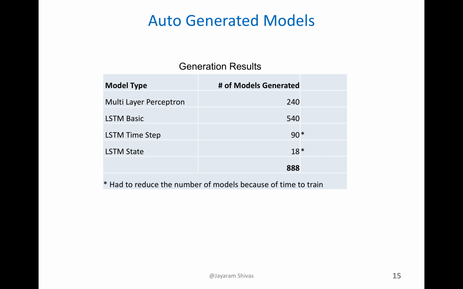You can see for my LSTM time step and LSTM state models, I used far fewer parameters, because for the MLPs and the basic LSTM ones I used hundreds of models, whereas I had to bring it down because my total runtime was going over a day and I couldn't afford that much time training models. Even so, my experiment had 800 models, which took over 24 hours to run.